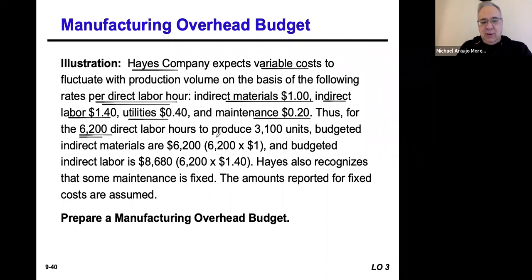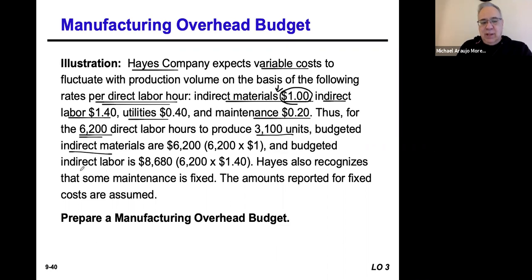Thus, for 6,200 direct labor hours, which produces 3,100 units, we are going to be budgeting indirect materials at $6,200. That's 6,200 hours times this dollar per hour.